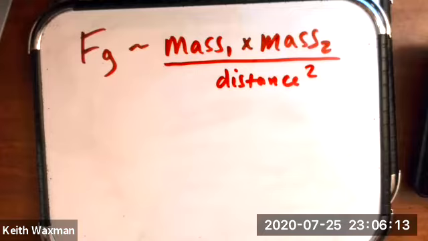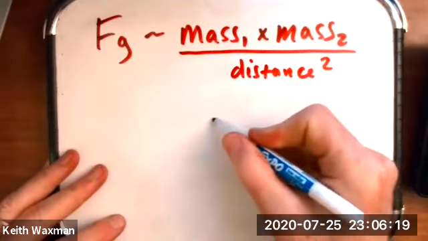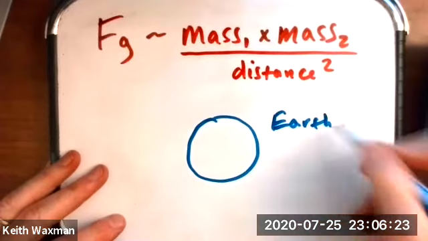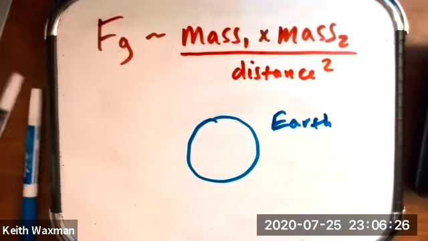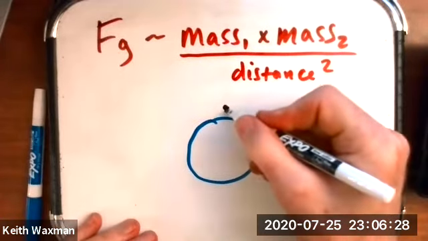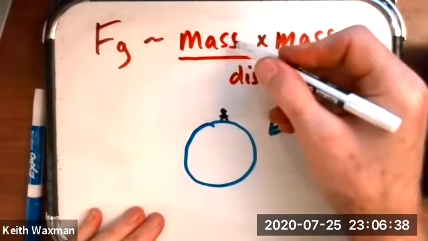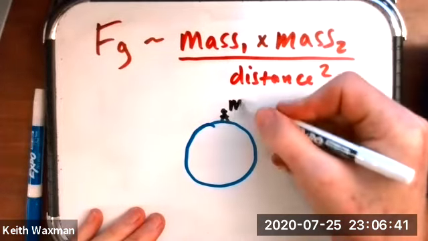So let's see how this works with Earth. Because we have the force of gravity on us, being on Earth, let's show Earth. So here is Earth. And let's put us on Earth. That is you, standing on Earth. So let's say you want to figure out the force of gravity on you. And here's all you have to do. You'd have to figure out your mass, mass 1, which is you.